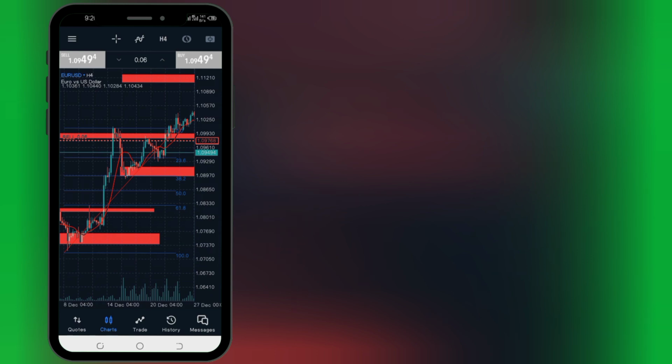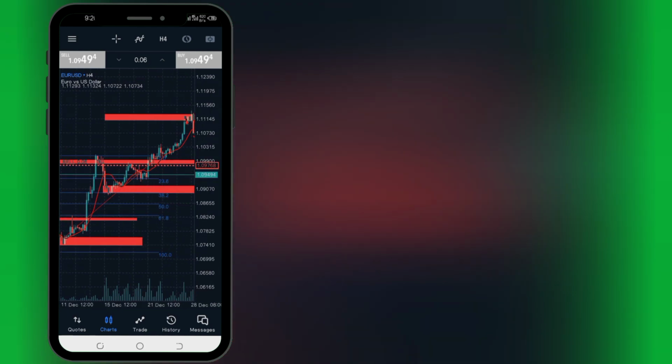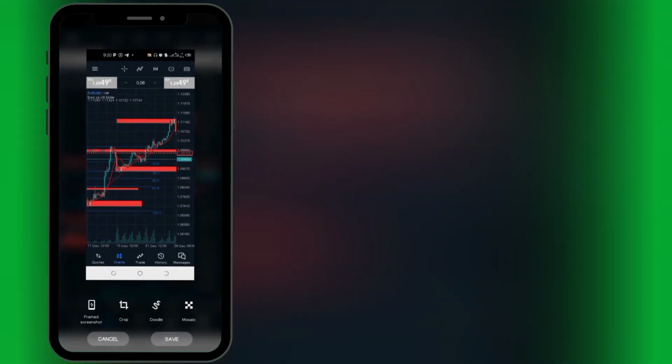So I was waiting for the market to touch this Fibonacci level, this 38.2.